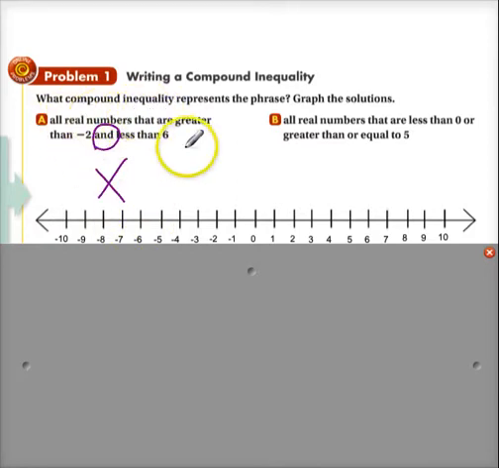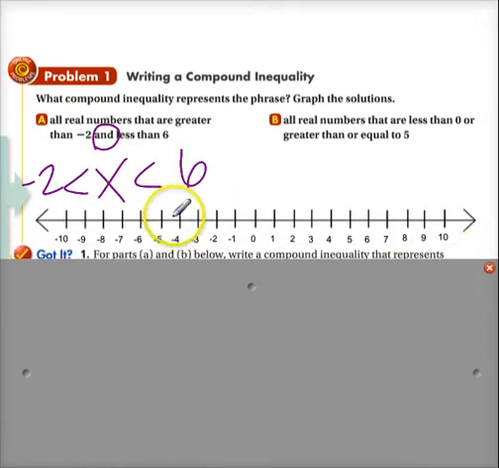So all numbers that are greater than -2, so the greater, it's opened to the x, so it's x is greater, and less than 6. If I want to graph it, it's an open circle at -2 and an open circle at 6, and then I just combine my graphs like this.